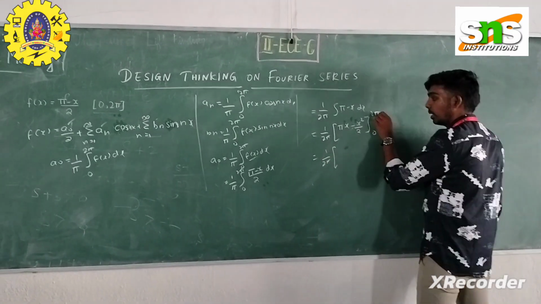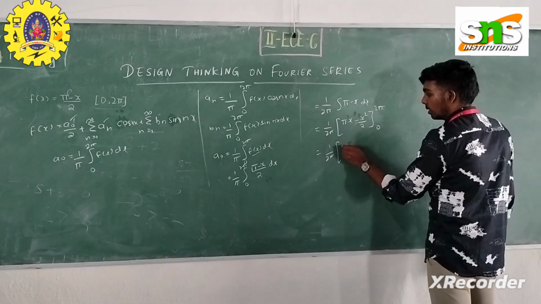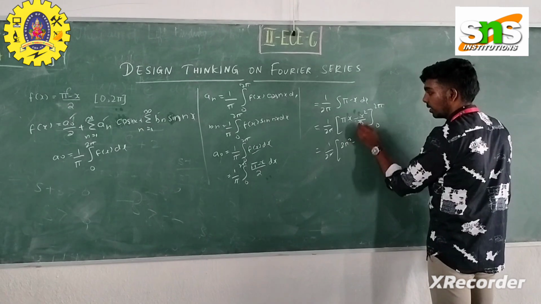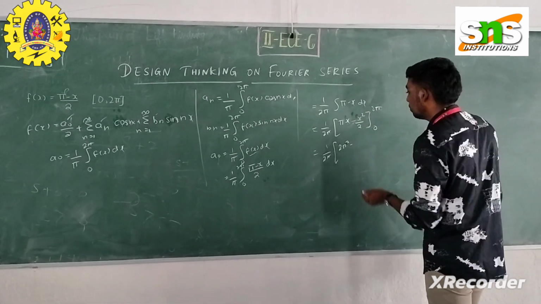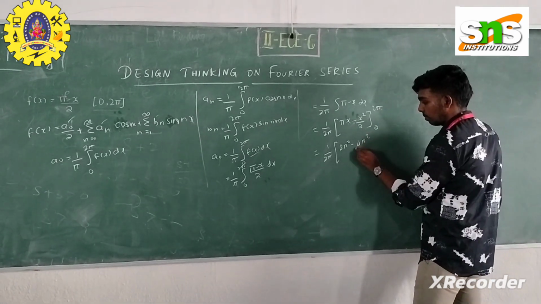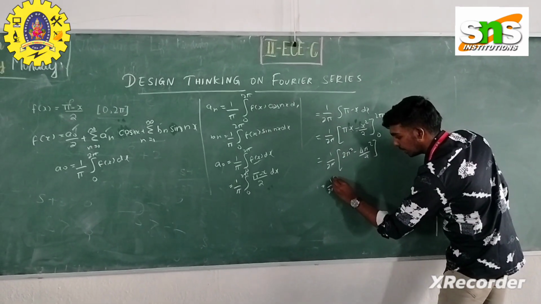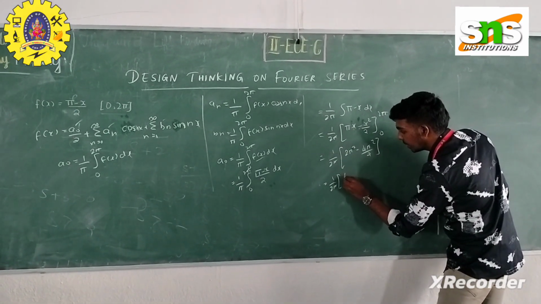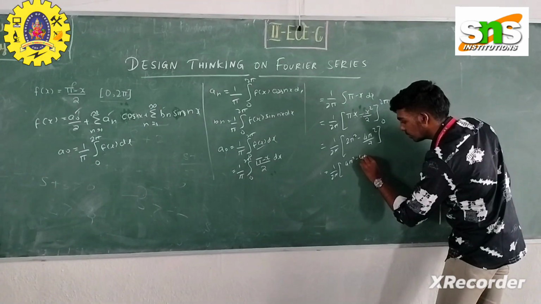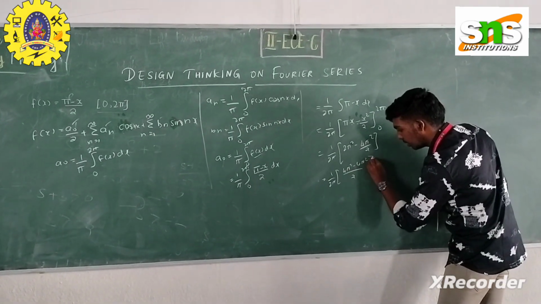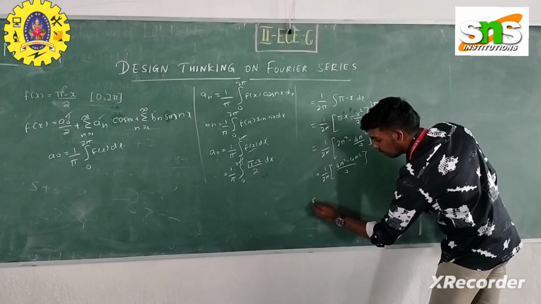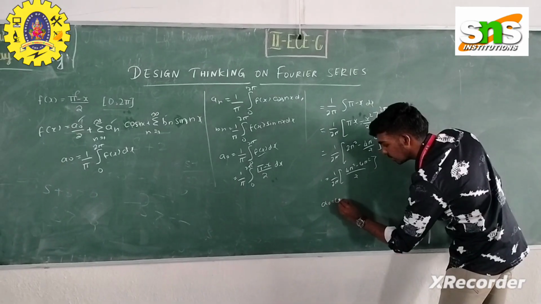Let me substitute the limit in x: 2 pi squared becomes 4 pi squared by 2. Taking the LCM, 1 by 2 pi times 4 pi squared minus 4 pi squared by 2. The total term becomes 0. That is, the value of a0 is 0.